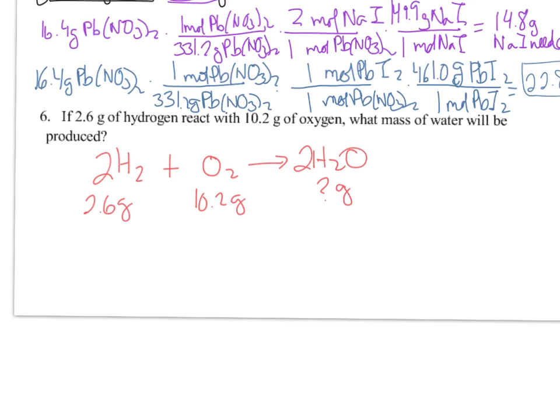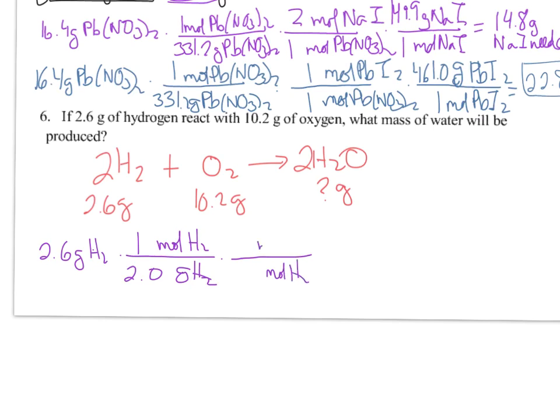All right, so let's start with H2. We have 2.6 grams of H2. Let's convert that to moles. So grams of H2 on the bottom, moles of H2 on top. 1 mole is 2.0 grams because you add up two hydrogens together. Then we're going to go from moles of H2 to moles of the substance we want. So remember, this time we're starting with each of your reactants solving for the product.